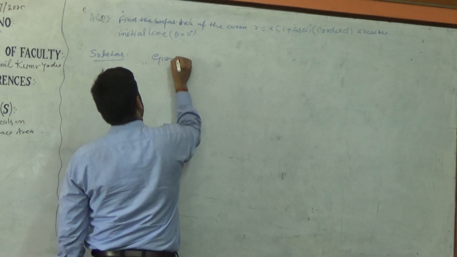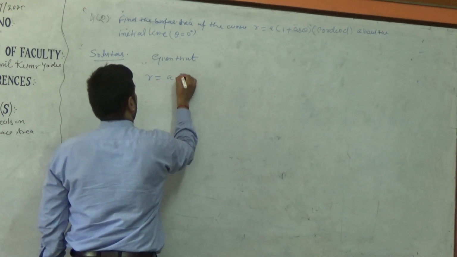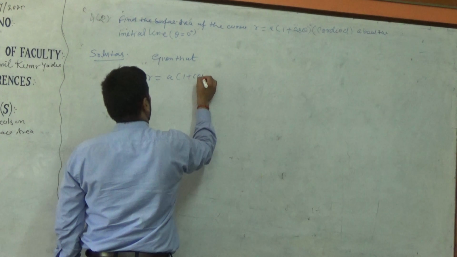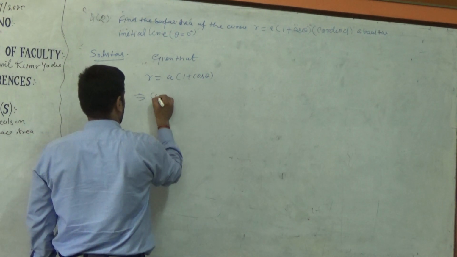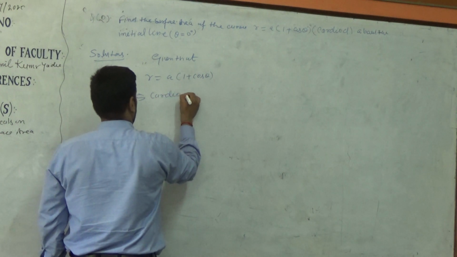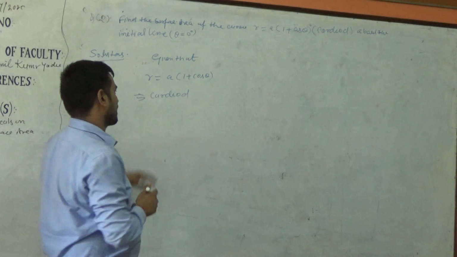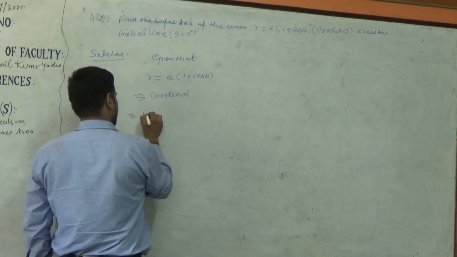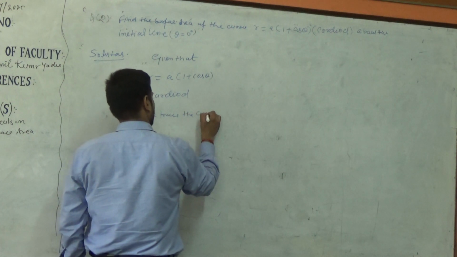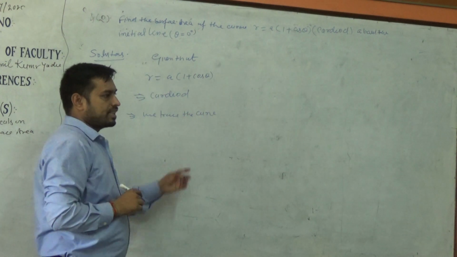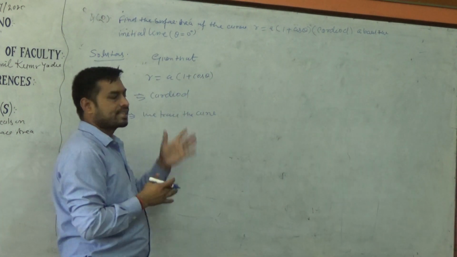This is a cardioid, a special type of curve. We trace the curve because we have to find the limits of integration.